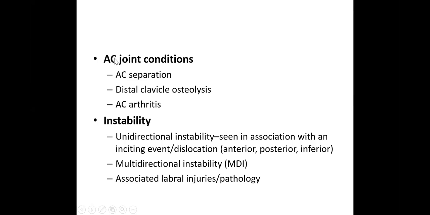Conditions of the acromioclavicular joint: the separation or the widening of the AC joint, the distal clavicle osteolysis, and the arthritis of the AC, as well as this separation is just secondary to the AC sprain. जो इनके ligaments होते हैं, एक sprain के बाद जो है there is chance of widening or we can say separation of the AC joint. So instability में both the unidirectional as well as the multi-directional instability as well as with the labral injuries.